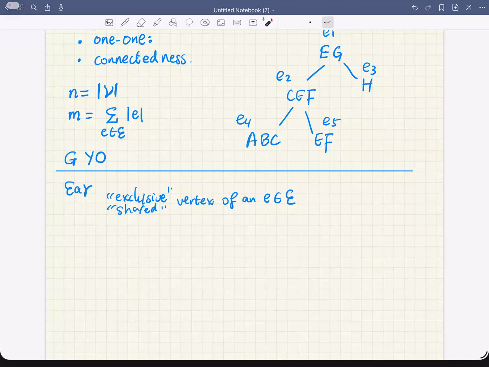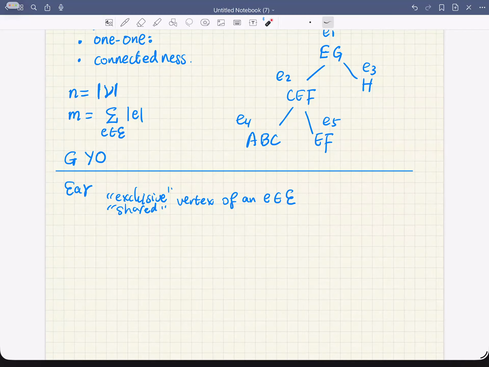Because as you will see, these shared vertices have a lot to do with the connectedness property. This is indeed how E4 is going to interact with the rest of the tree. So that notion should be clear. All good? All right, nice.